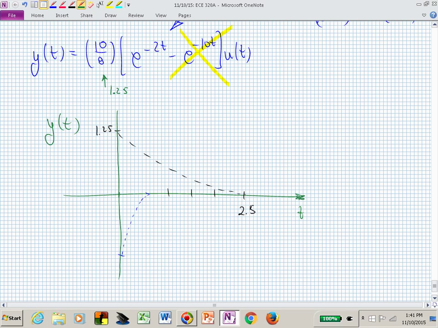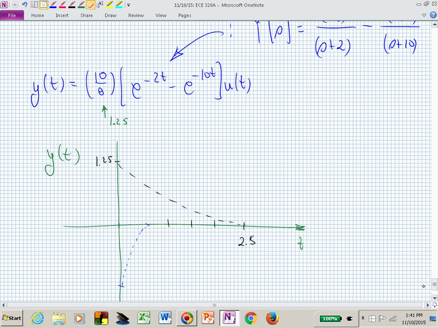But do you see what you can do? At 0, what am I? At time t equals 0. If you plugged in time t equals 0 to this, you have 1 minus 1 scaled by 1 1/4, or 0. So you're starting there, and that makes sense with your blue and black. And what's going to happen?